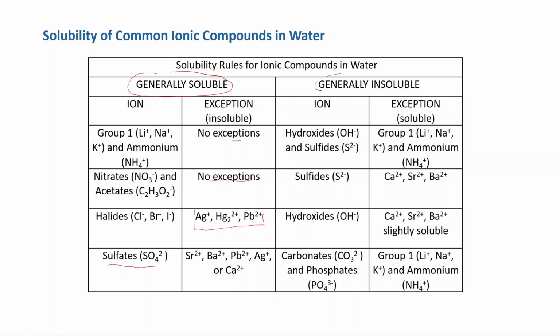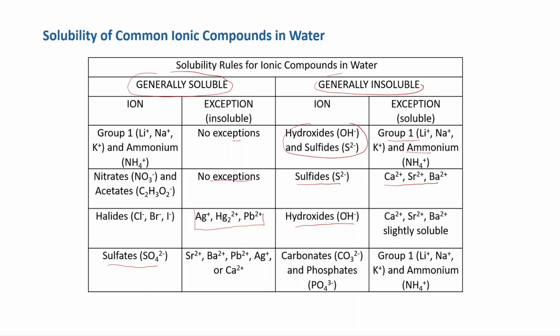Now, generally insoluble. If you have hydroxides and sulfides, they're usually insoluble. The exception is when you're using group 1 and ammonium, because we said that they're always soluble. But everything else, if you have a sulfide or hydroxide, is insoluble. Sulfides tend to be insoluble, but calcium, strontium, barium happen to be soluble.